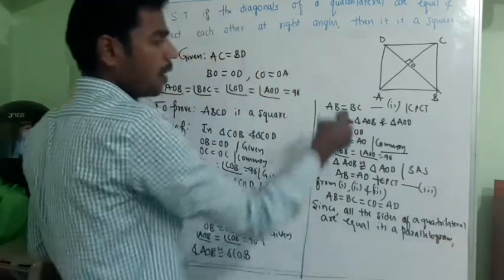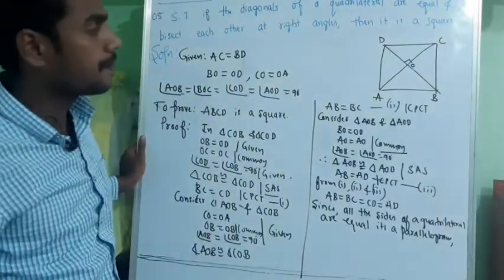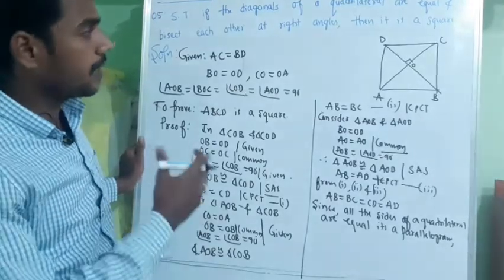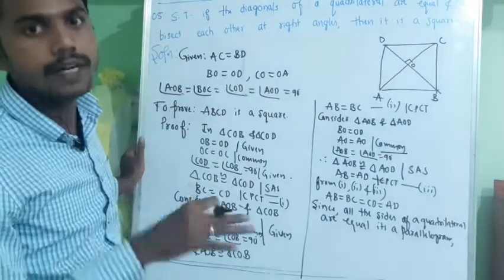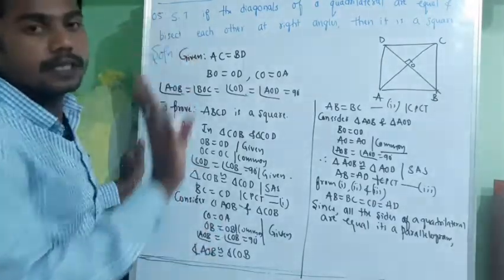Now if I prove one of the angles is equal to 90 degrees, I can directly conclude it as a square, or else if all the sides of a quadrilateral are equal, it will become a rhombus. So I need to show one of the angles is equal to 90 degrees.